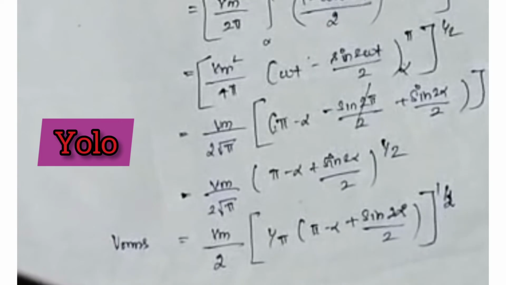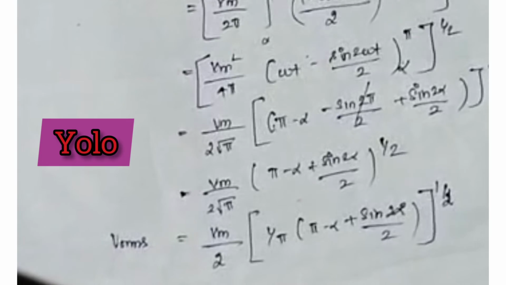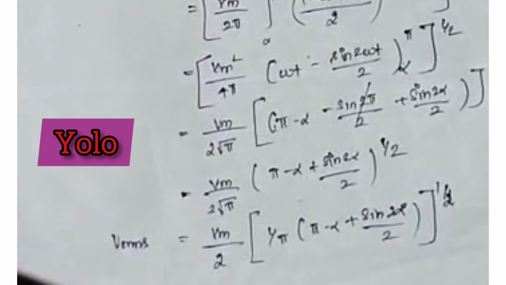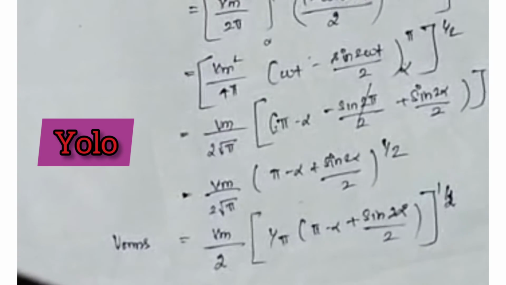We substitute the upper limit minus the lower limit in this term: pi minus alpha, minus sin 2 pi divided by 2 plus sin 2 alpha divided by 2. Sin 2 pi value equals 0, so we neglect the term.